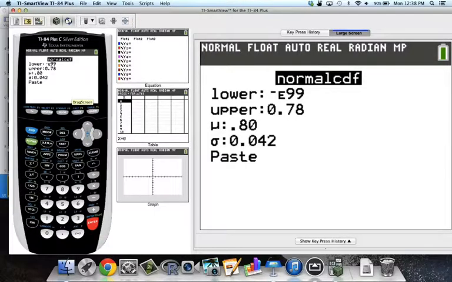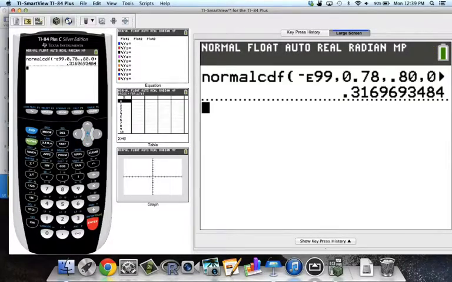Our upper is going to be p-hat, 0.78. Our mean is going to be the population proportion, 0.8. Our standard deviation is 0.042. Hit enter again, and your p-value should come out to be around 0.317. Why don't you pause the video and write down the p-value equals 0.317.